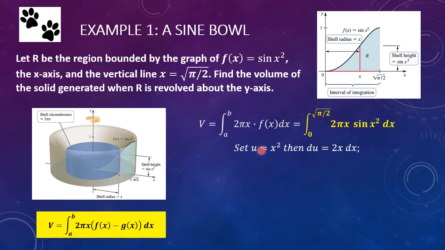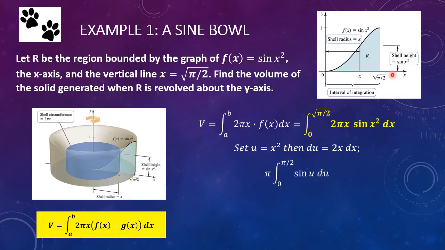And we get the sine of u because u is x squared. Remember, the limits here are x values, so we have to convert them to u values. So if x equals 0, then u is also going to be equal to 0 because u is x squared, or 0 squared. And if x equals the square root of pi over 2, then u is going to be that squared, which is just going to be pi over 2.